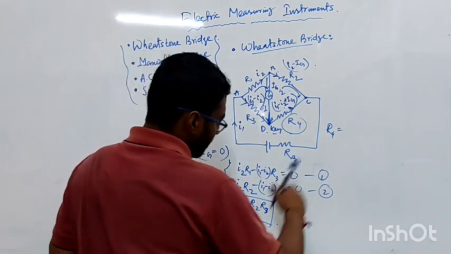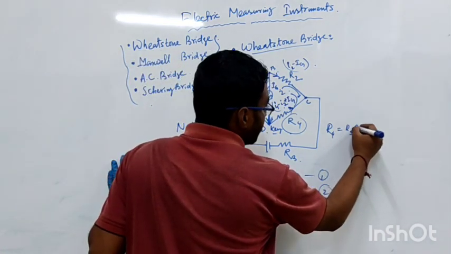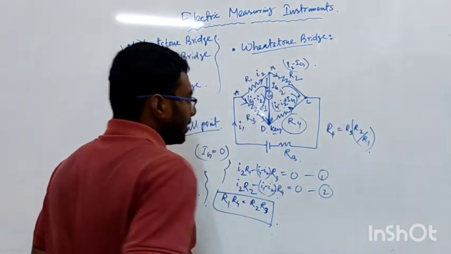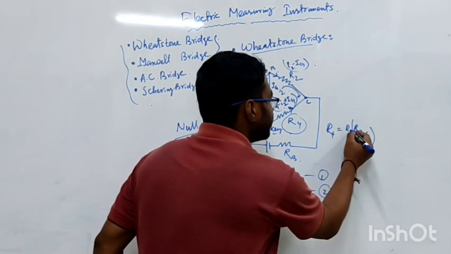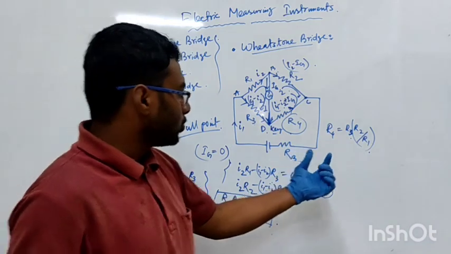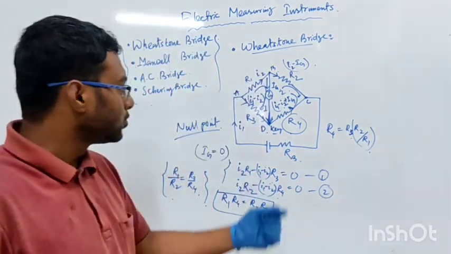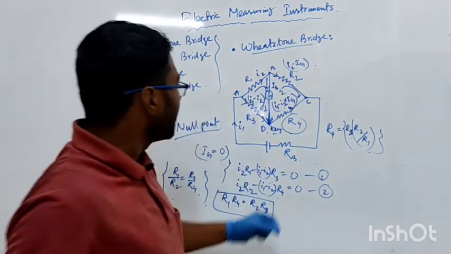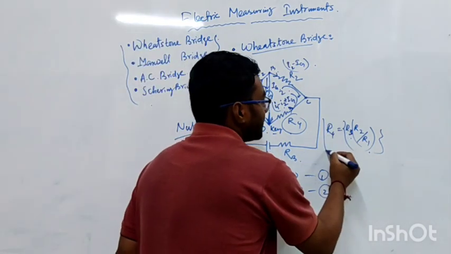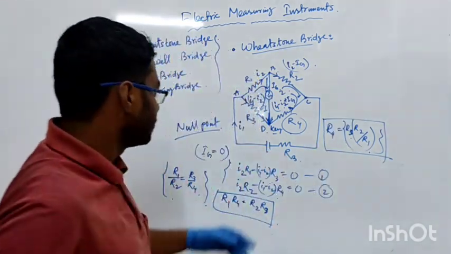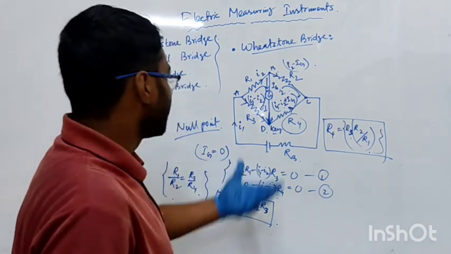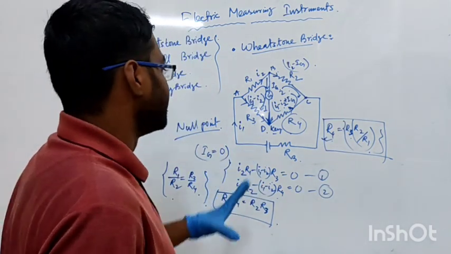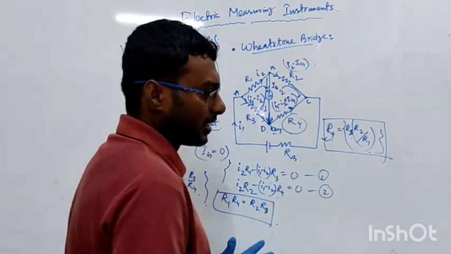R4 will be R3 into R2 by R1. As we already decided, R2 by R1 is a constant, so it depends only on R3. If we change R3, then according to this formula we get different R4. So using this formula, we can calculate different resistances used in the circuit.